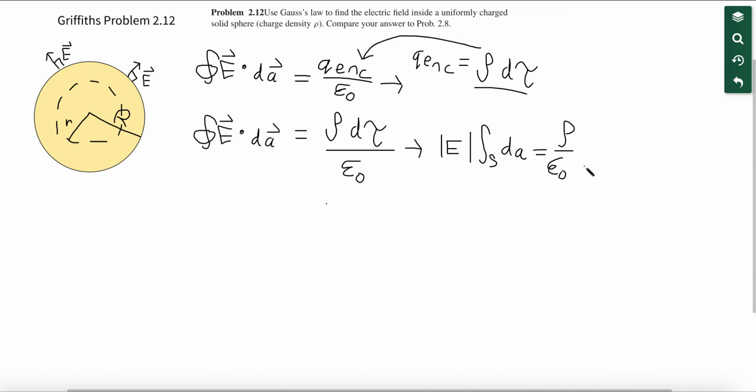And so we're going to be taking the volume integral of the charge enclosed within this Gaussian surface, which is like the solid sphere. Basically, we're just going to take the integrals, which shouldn't be too hard. We know that the surface area of a sphere is equal to 4 pi r squared.